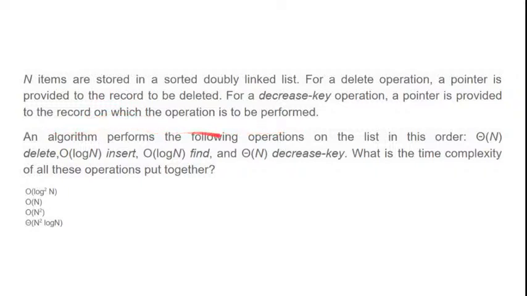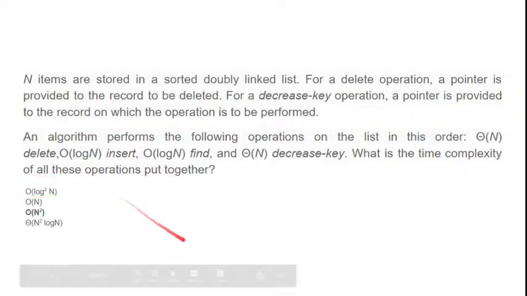An algorithm performs the following operations on the list in the order of theta of n delete, big O of log n insert, big O of log n find, then big O of n decrease key. So what is the time complexity of all these operations put together? That is big O of n square.